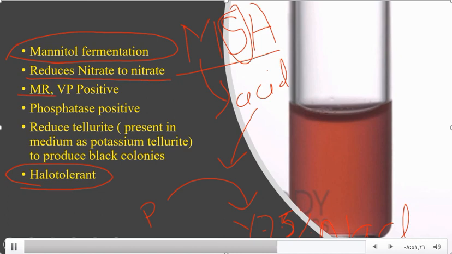Staphylococcus is methyl red positive, Voges-Proskauer positive, and it also produces the phosphatase enzyme. Staphylococcus will also reduce tellurite, producing black colonies. If we put potassium tellurite in the medium, the tellurite will be reduced and the colonies will appear black in color.